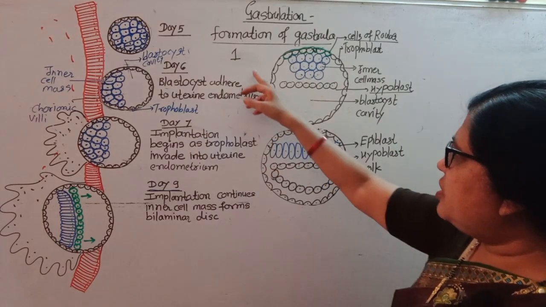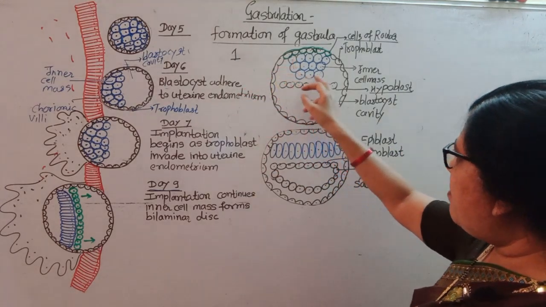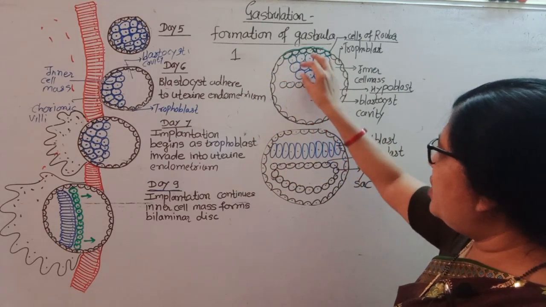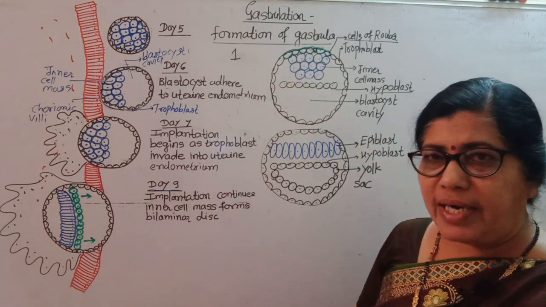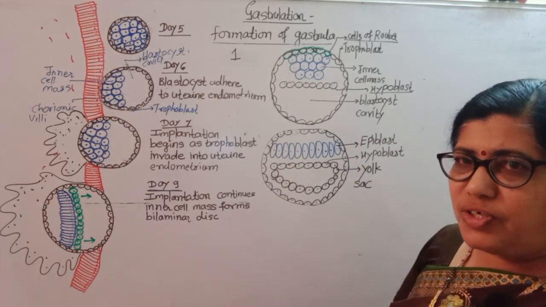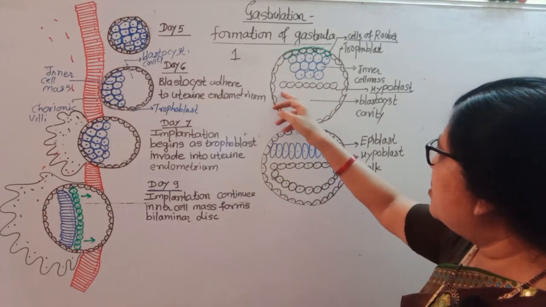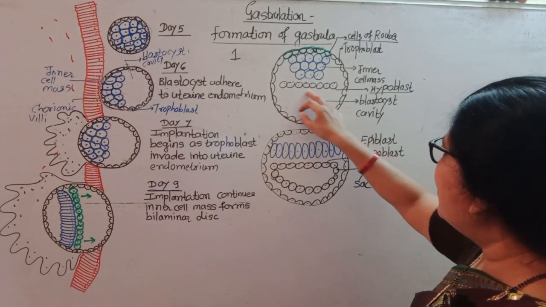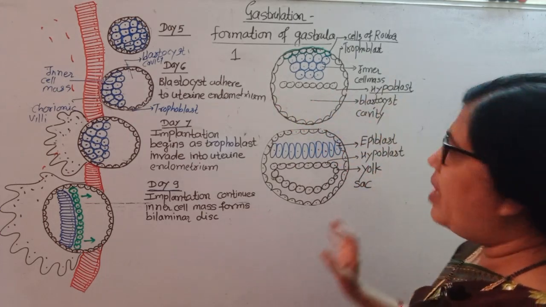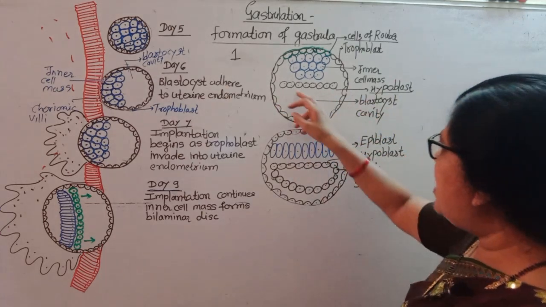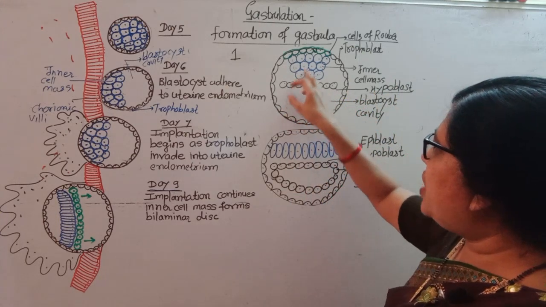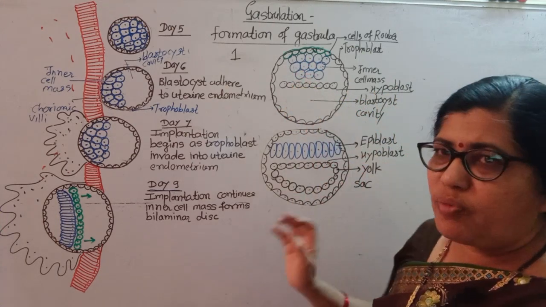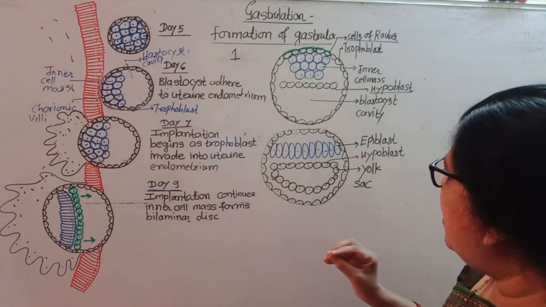So in the first step, cells present on the free surface of the inner cell mass become flattened, differentiate and arrange within the blastocoel cavity, and they form the hypoblast. These are endodermal cells which differentiated from the inner cell mass.